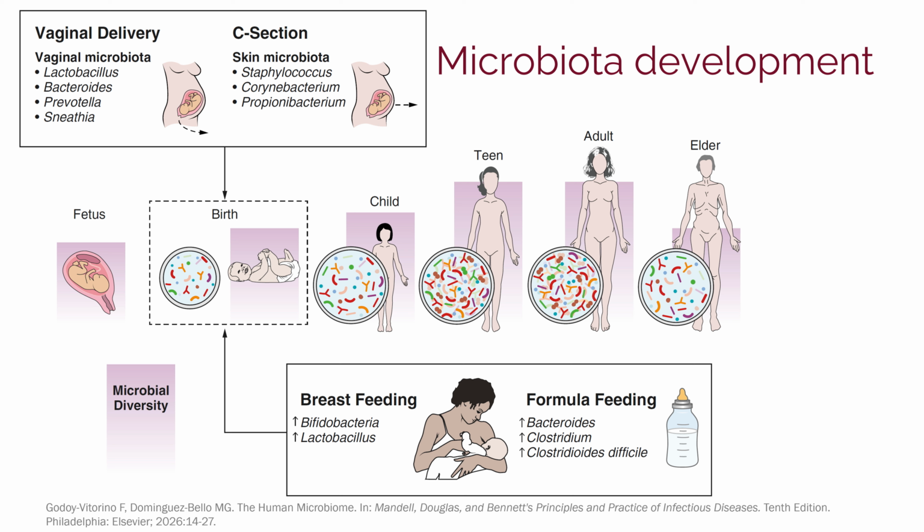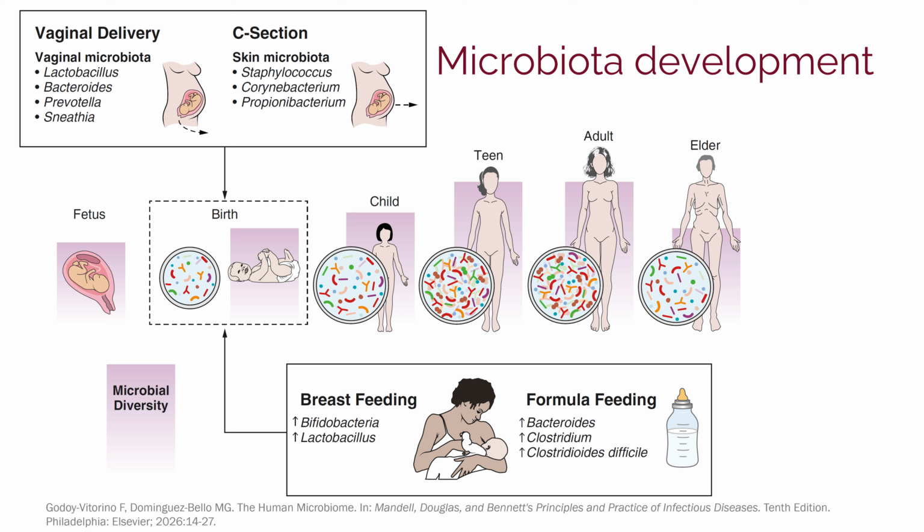So we start at the beginning of life. Although there is debate regarding the existence of the placental microbiome, the current consensus is that the healthy placenta and fetus are devoid of microbiota because of the immune system's effective sterilization, thereby preventing colonization by microbes.